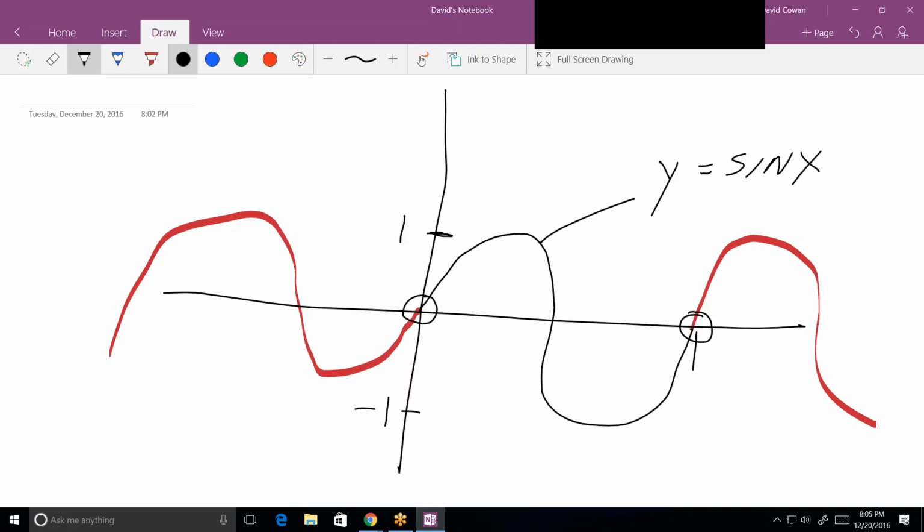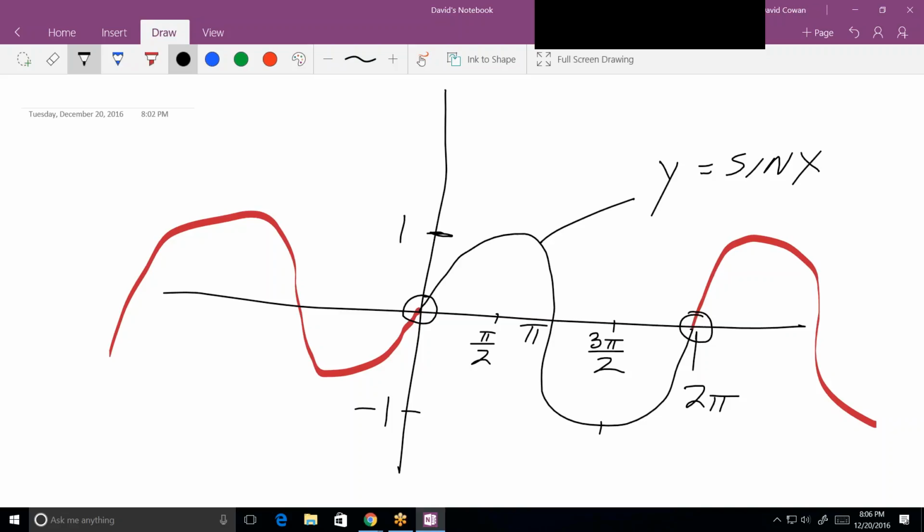And let's label them, because these labels are key. That's 2 pi. That's pi. The peak is at pi over 2, and the bottom is at 3 pi over 2. Now, I'm assuming that you're dealing mainly with radians now when you look at graphs as opposed to degrees.